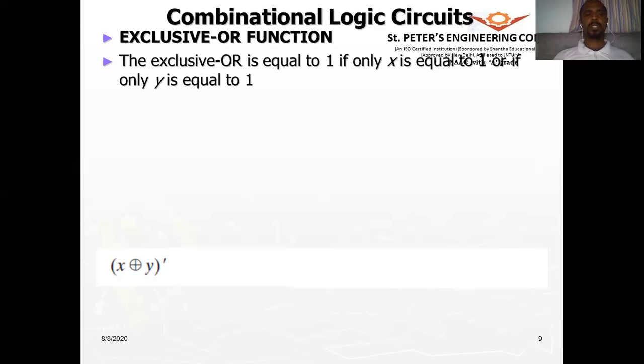Now why do we consider this? See, this functionality as it is, we can use it to check the magnitude, or which is greater. Suppose if X is 1 and Y is 0, that means X is greater than Y. So we can use this exclusive OR gate to check that condition.